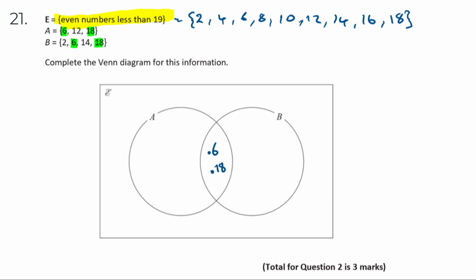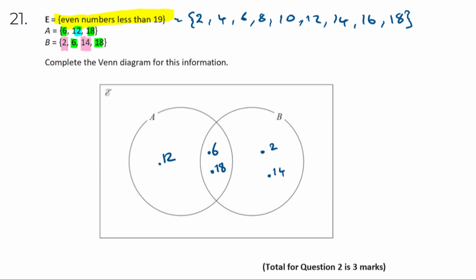Now I've got one number left over in the set A. So that's going to have to go here, inside set A, but outside the intersection. And then with B, I've got 2 and 14, so they belong inside set B, but not in the intersection. So 2 and 14 belong here.